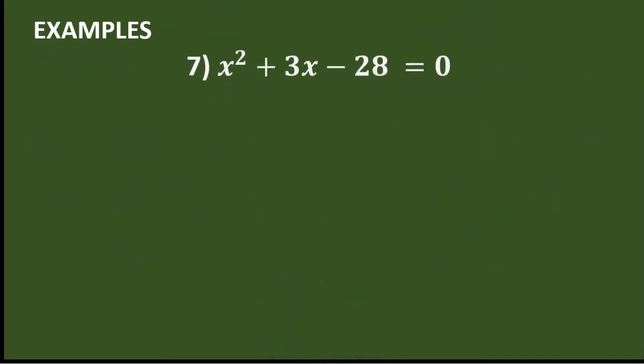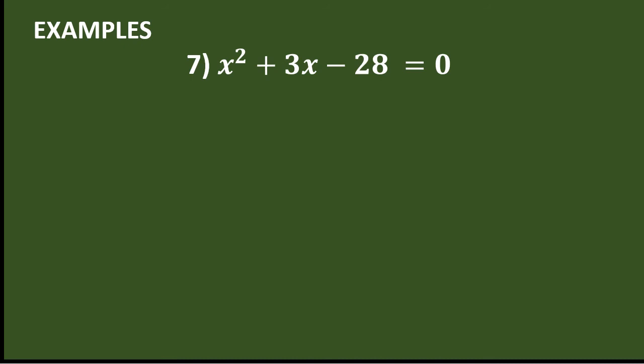Let us now have example number 7. We have x squared plus 3x minus 28 equals 0. Again, for the factored form, we have to get the factors of x squared, x and x. What about negative 28? What are the factors of 28?